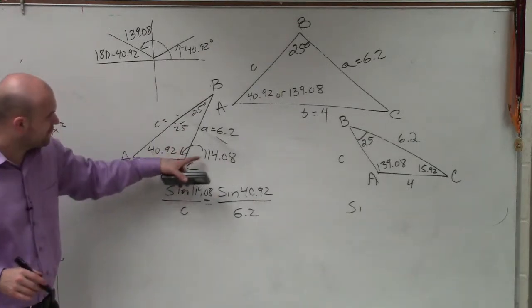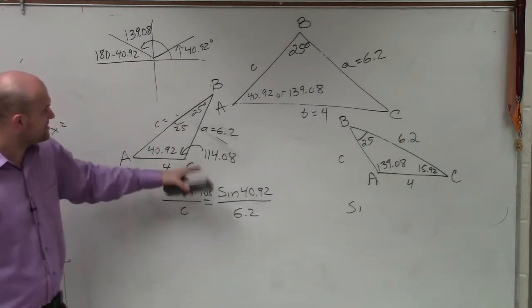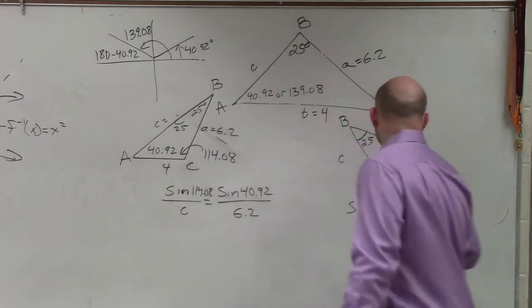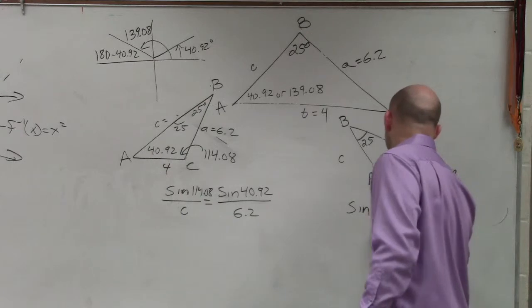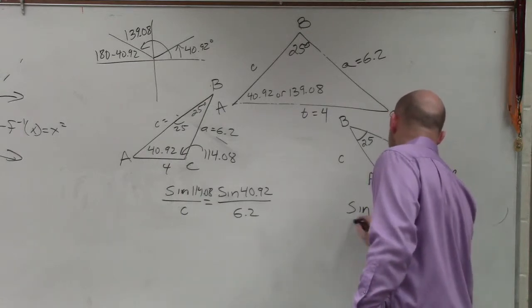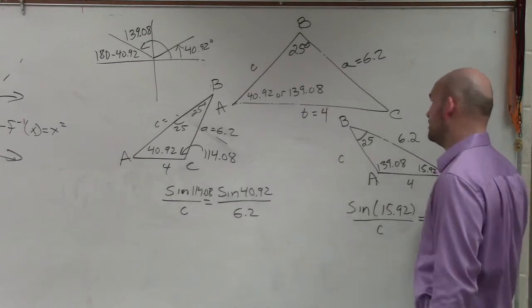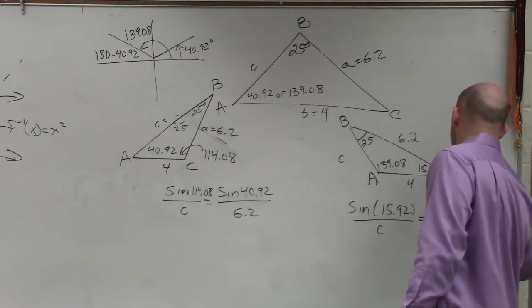It's sine of 114.08 over C is the same as sine of 40.92 over 6.2. And then here, again, I can take sine of 15.92 over C equals, again, I'll do the same thing.